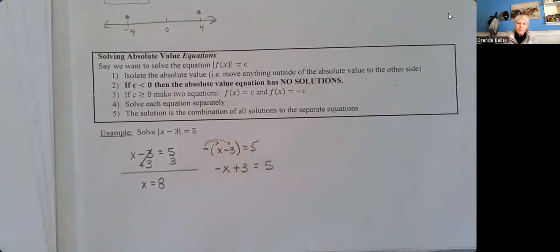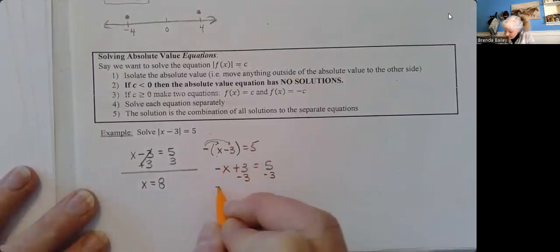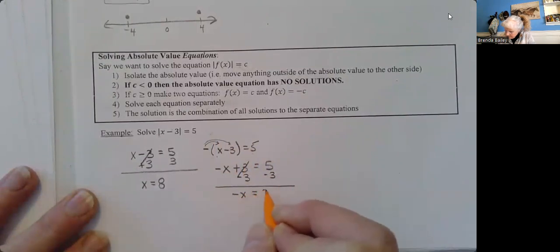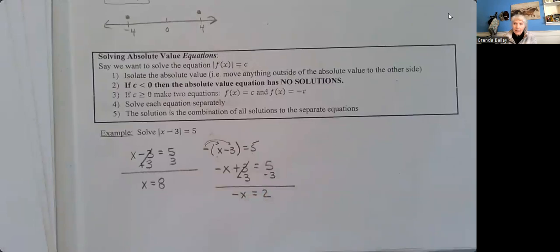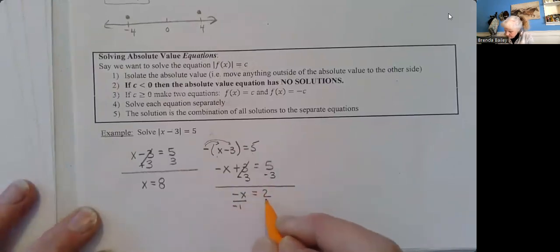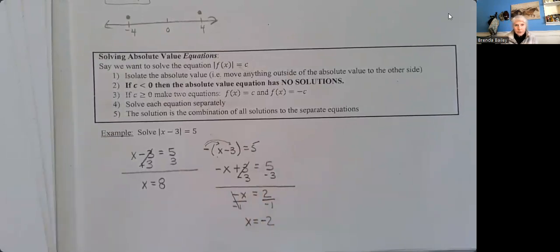So I use the distributive property. And now you solve them. -3, -3. Then you divide by a -1. You get a -2. So those are your 2 solutions.